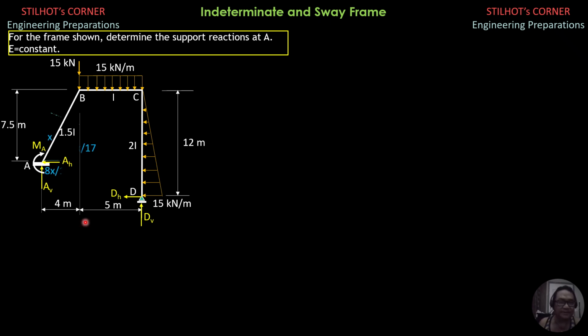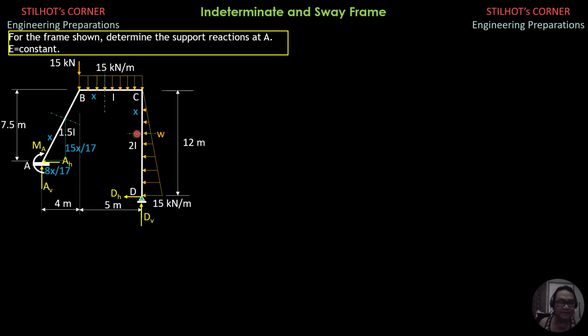So for the sectioning, this is section 1, that's x. Slope 7.5 vertical, 4 horizontal, so that's 15 vertical, 8 horizontal, so that's why this is 15x over 17, 8x over 17. At section 2, that's x, and at section 3.